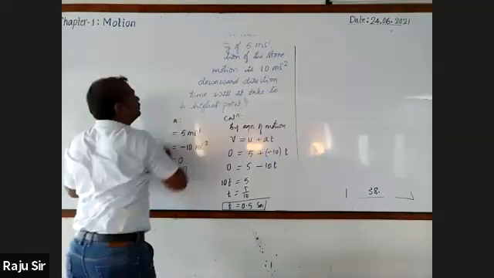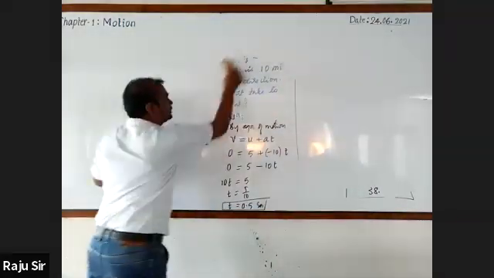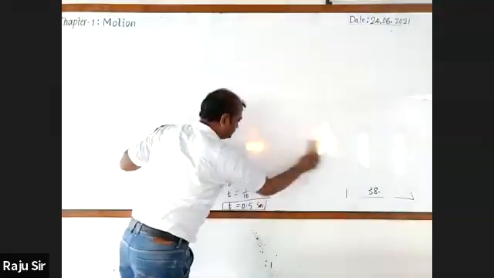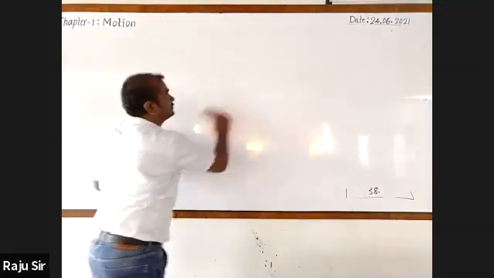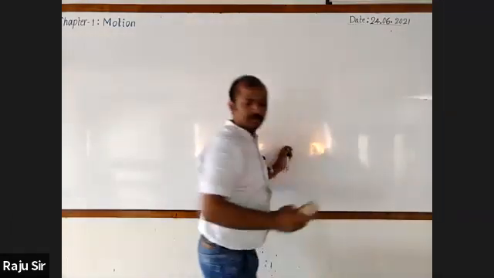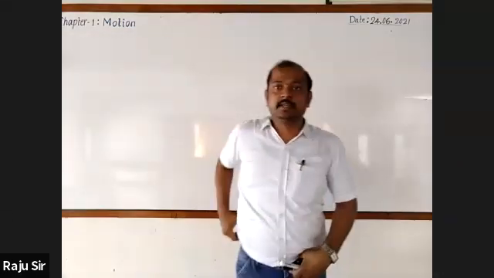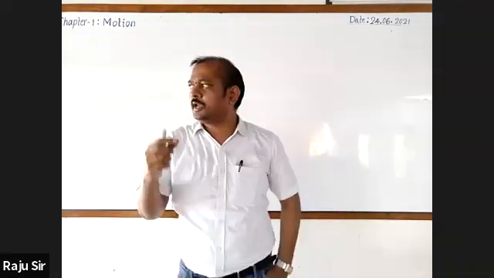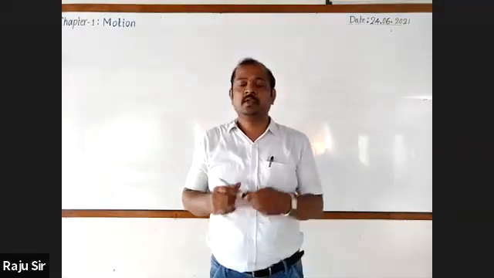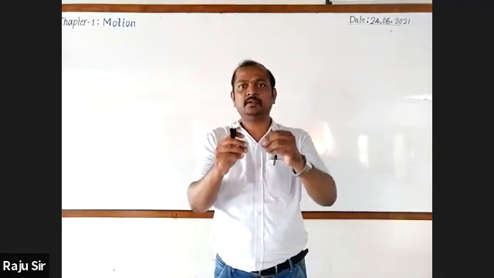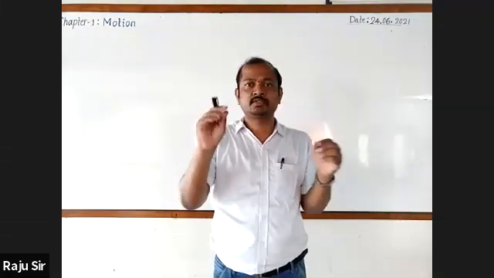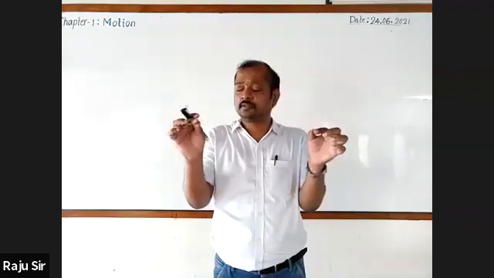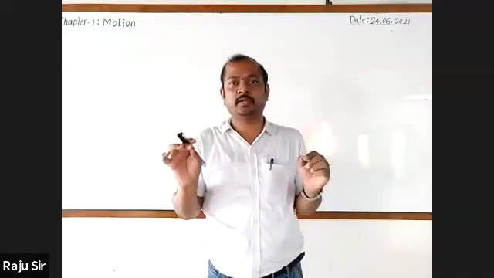Now, we are moving to the next concept of this chapter. Listen. Dear students, let us go for taking some situations. One situation is, you have taken a thread and a stone, some length of thread, about 1 meter.